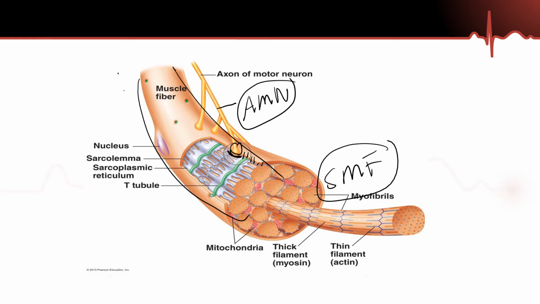So that depolarization underneath the end plate only needs to travel a very short distance. That electrical impulse only needs to travel from right underneath the end plate, the axon terminal button, to the adjacent portion of the plasma membrane where the voltage-gated sodium channels are located.